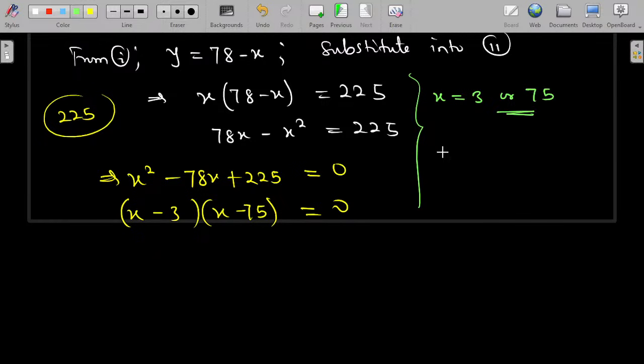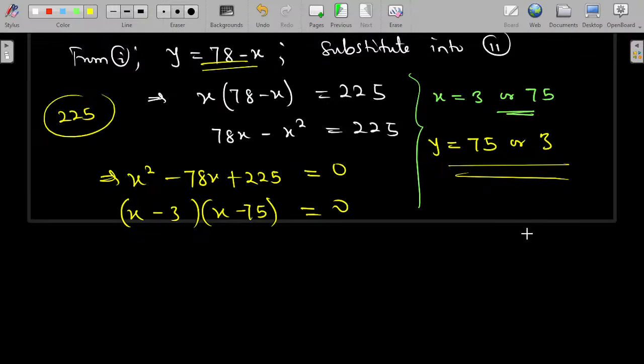And then to get our y, we'll just substitute into this equation here. When our x is 3, our y will be 75, and when our x is 75, our y will be 3. So x and y will just alternate values.